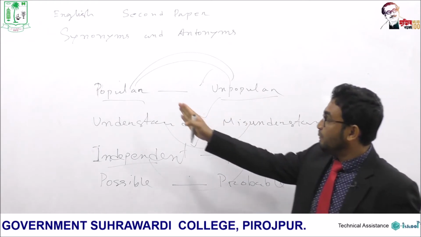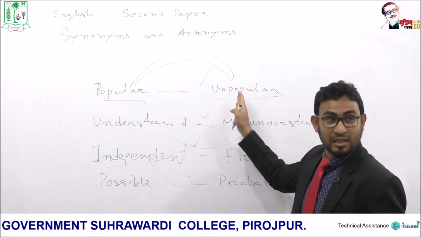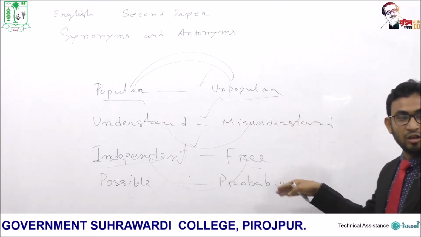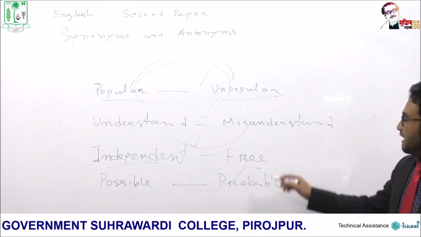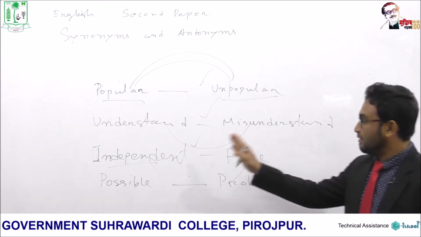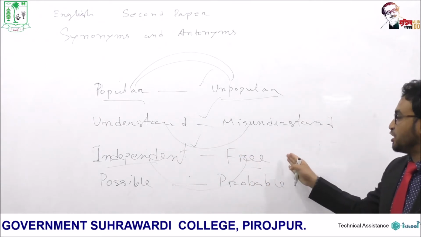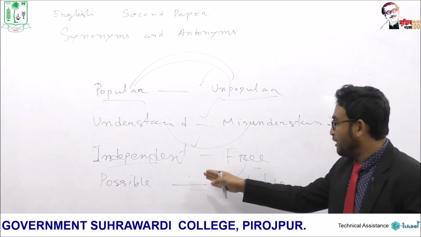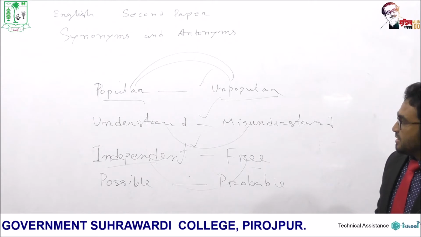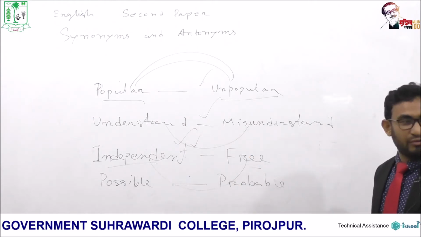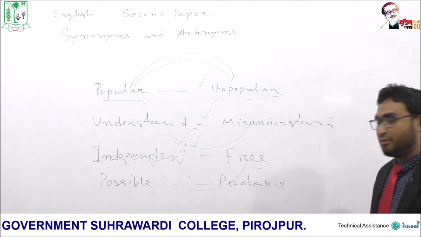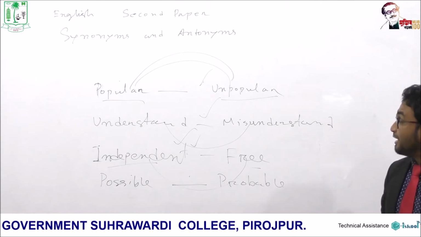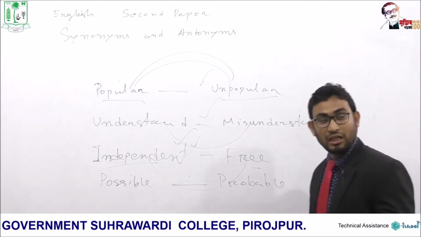That is, unpopular has the complete opposite meaning of popular, and misunderstand has the opposite meaning of understand, and independent has another kind of relationship with free, and possible has the same kind of relationship with probable. So what is independent is also free. That is, independent and free have the same meaning, and possible and probable have the same meaning. So now can you understand what we are going to talk about today?